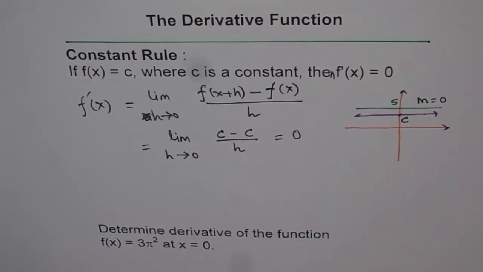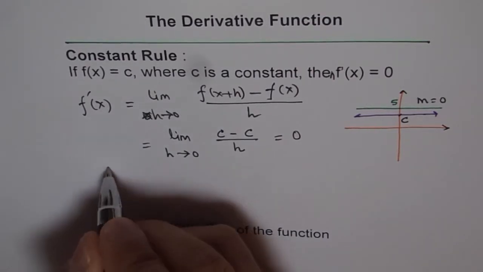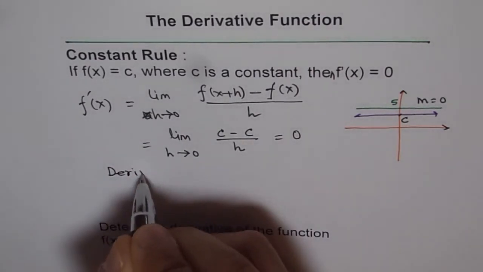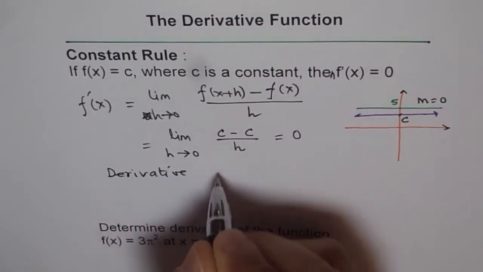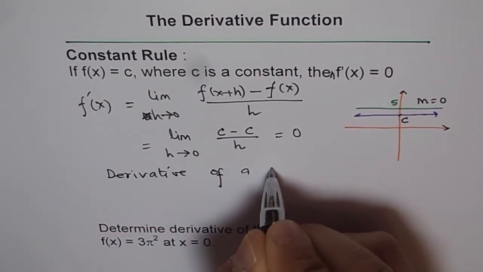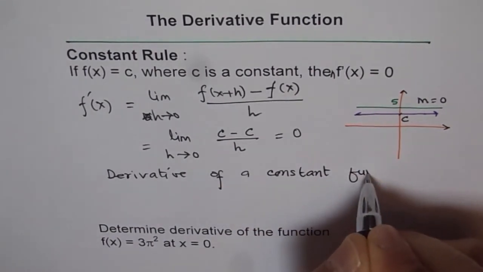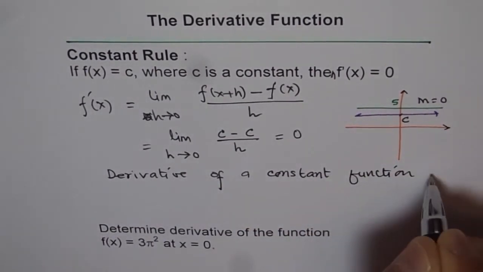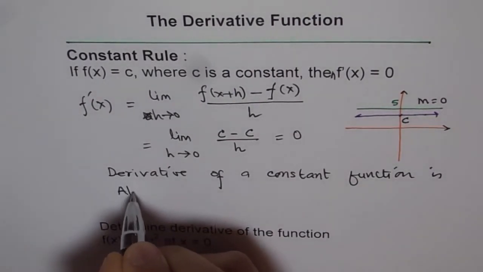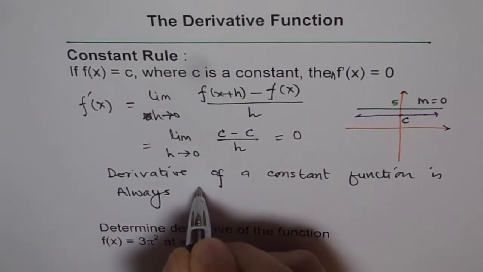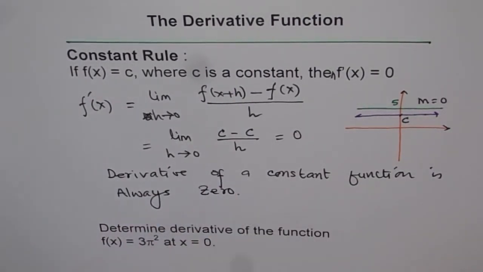That's how you should understand. So derivative of a constant function is always 0. So let's remember, derivative of a constant function is always 0. Is it okay? Remember that part.